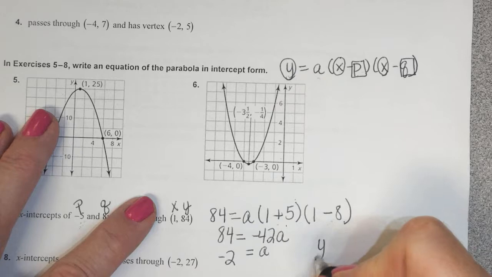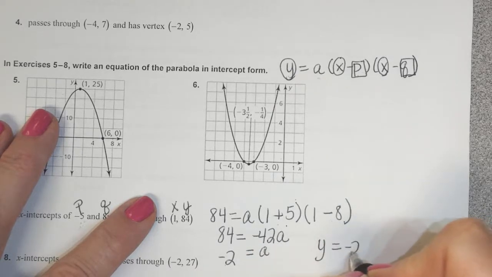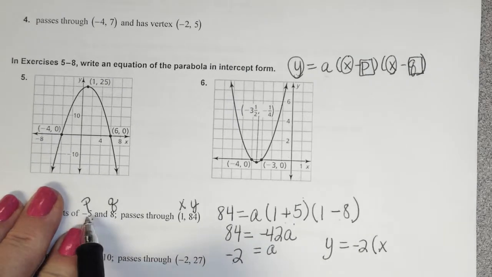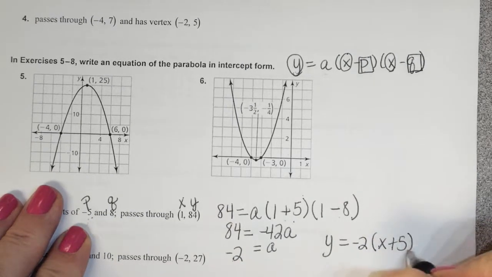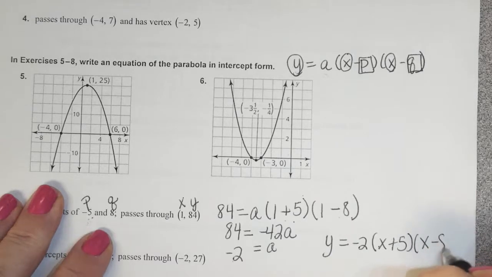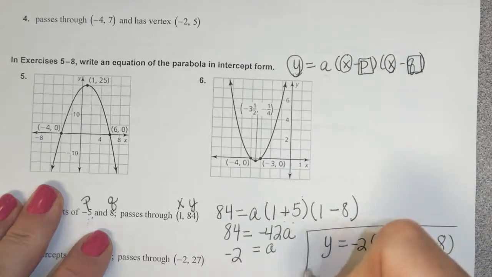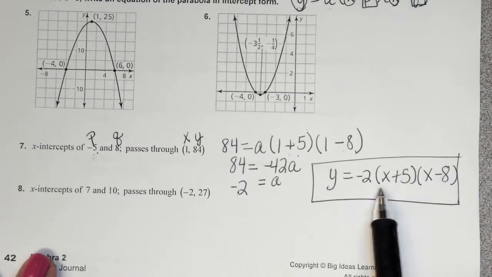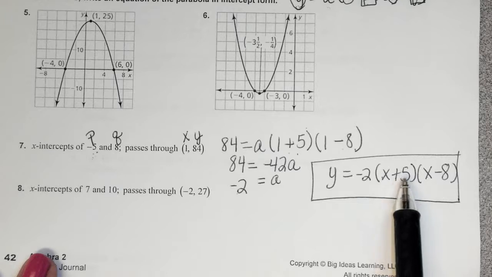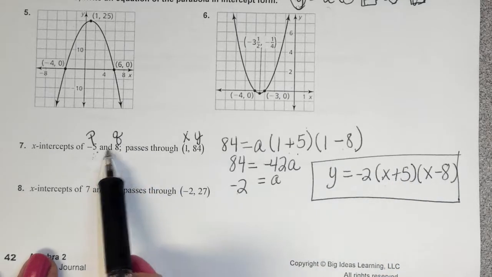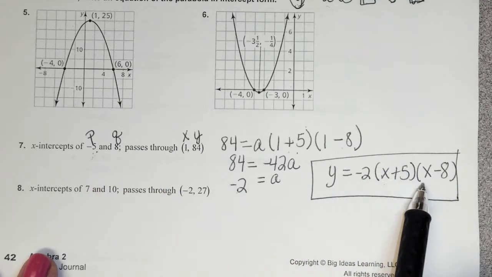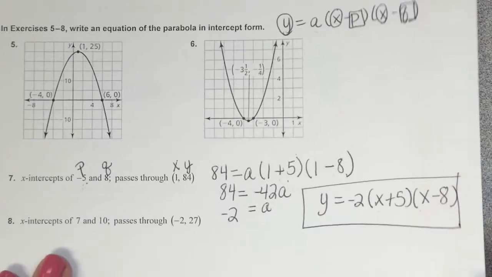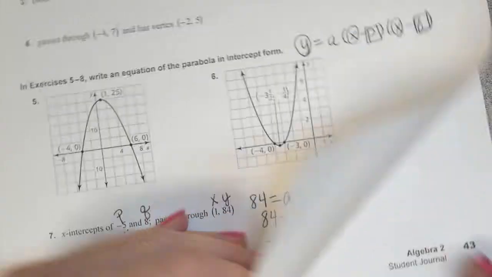So it's going to be Y equals, A is negative 2 times X minus negative 5 would be plus 5, and X minus Q. And there it is in intercept form. Intercept form, right? See how these are my x-intercepts? I can see my x-intercepts immediately. Any questions? All right, so those are the 3 forms we're talking about.